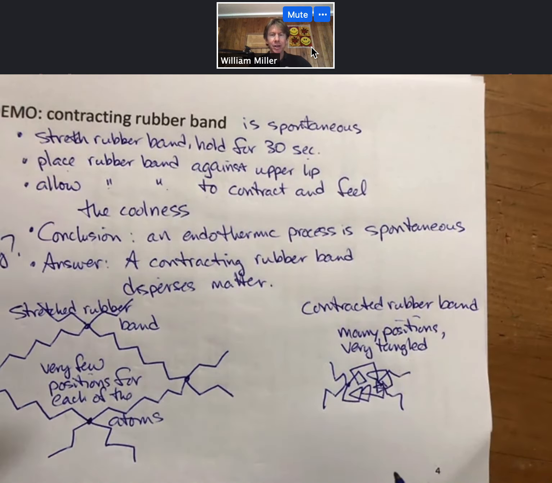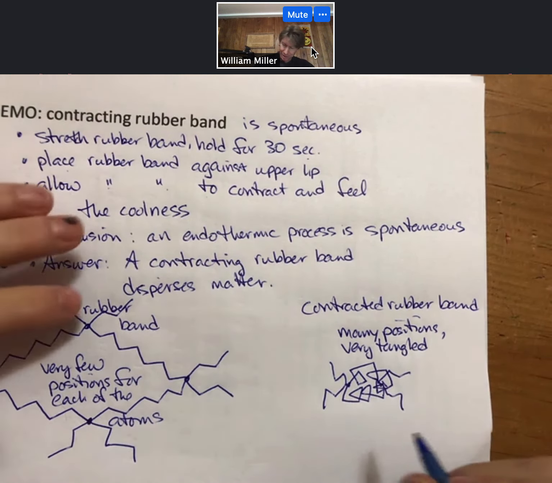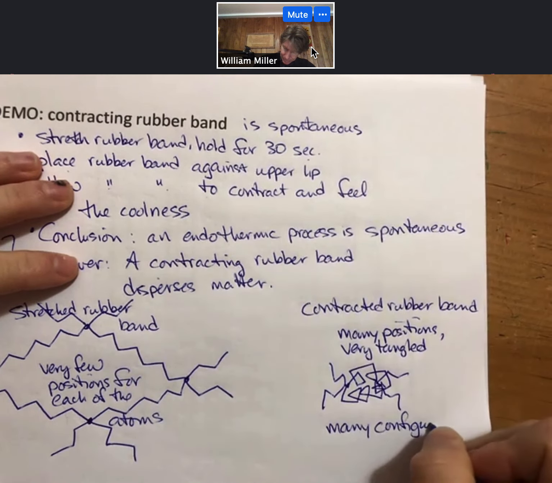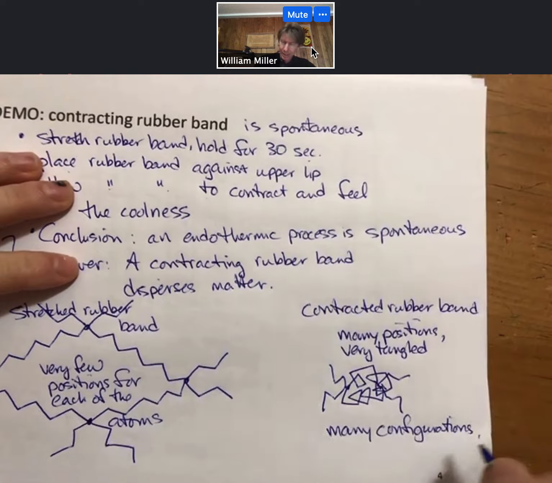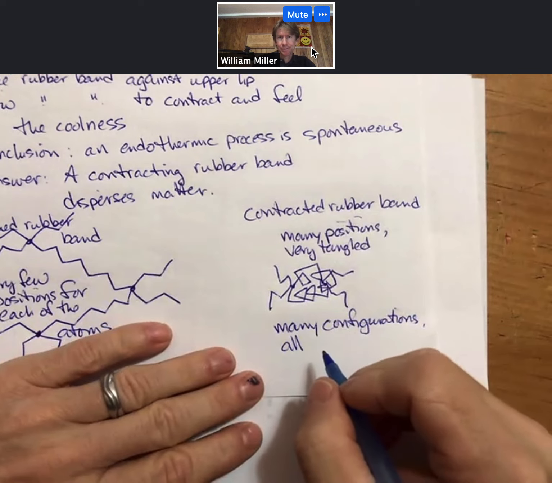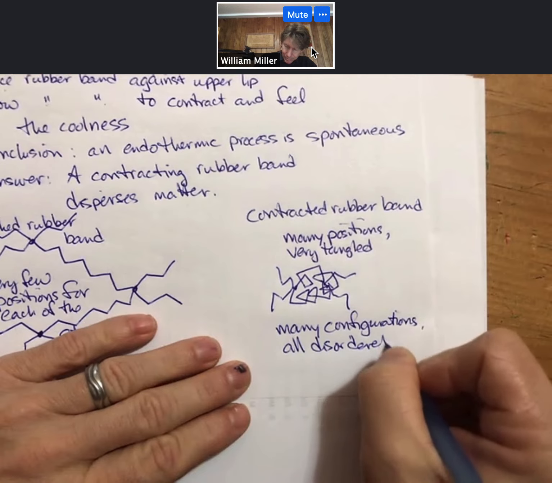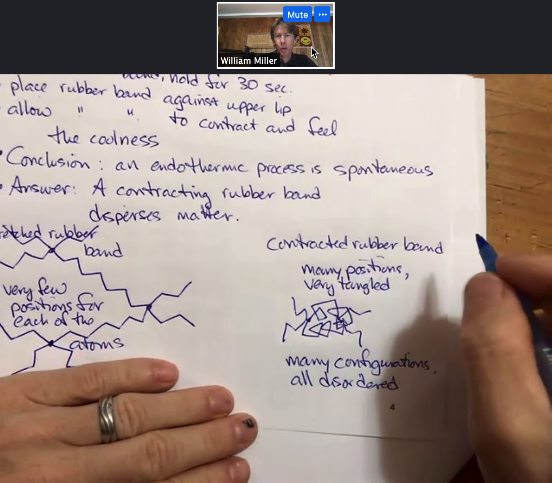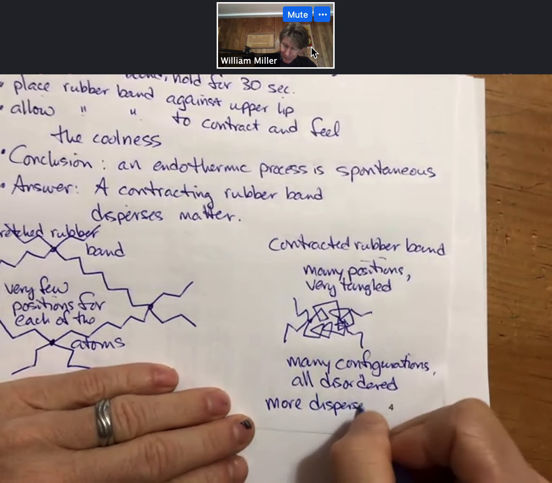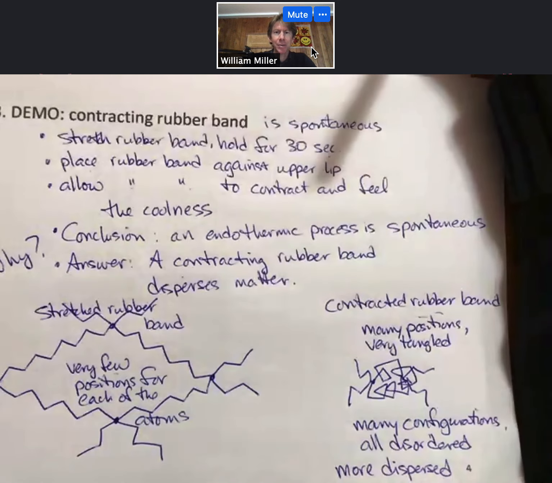Even though it's closer together, because they have many positions, many configurations, and are all jumbled up, all disordered, this is the more dispersed, which is again hard to think about, but it is true. And that's the demo of the rubber band.